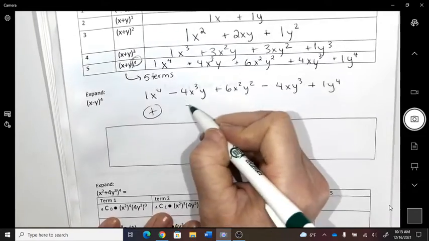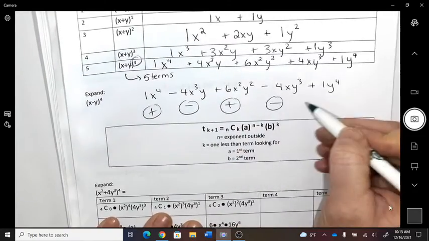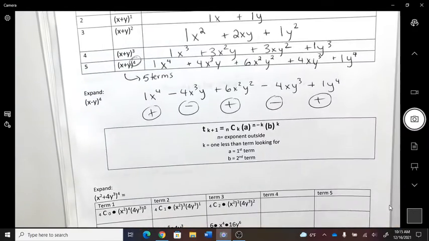So positive, negative, positive, negative, positive. So that would be the only thing that changes there. Okay, so now we're going to learn this formula that helps us find any term ever.